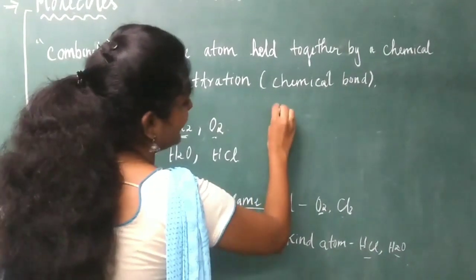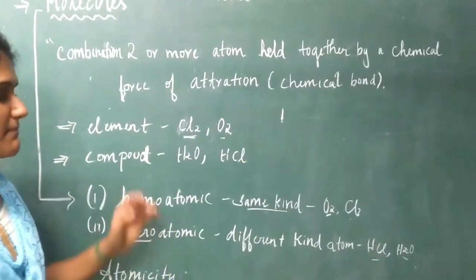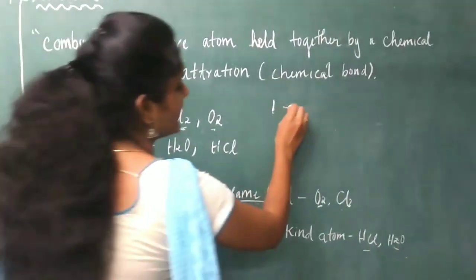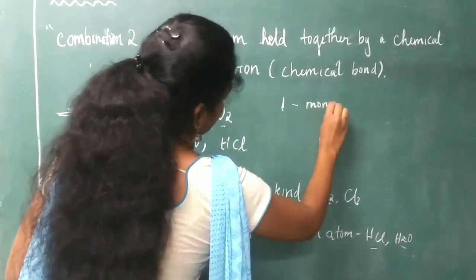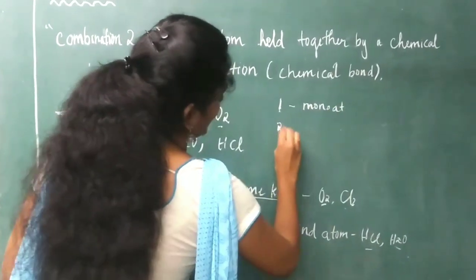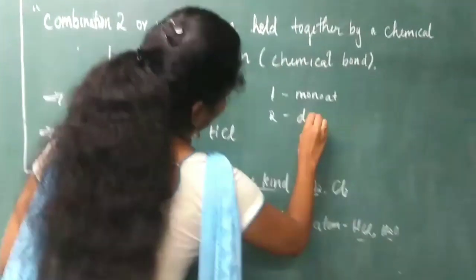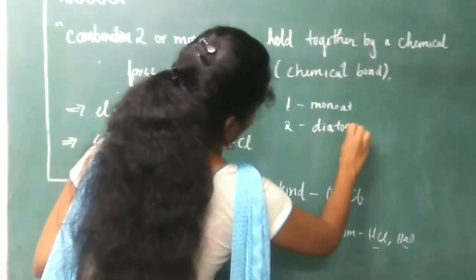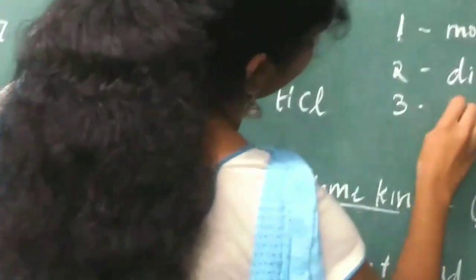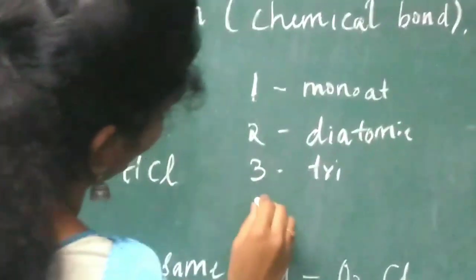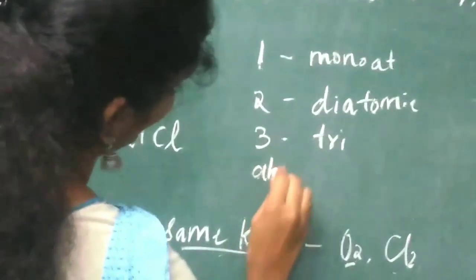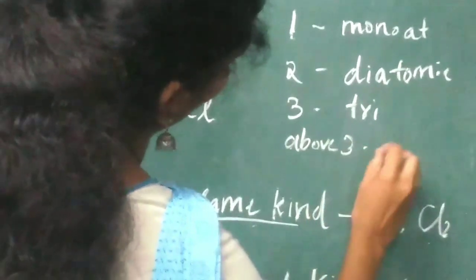If one atom is present inside it, then it is called monoatomic. If it is two atoms, it is called diatomic. Three atoms, it is triatomic. If it is above 3, then it is called polyatomic.